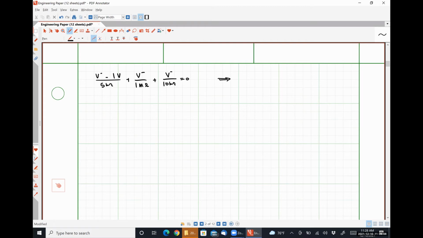We can solve this and we'd find that V minus is 0.66445 volts.